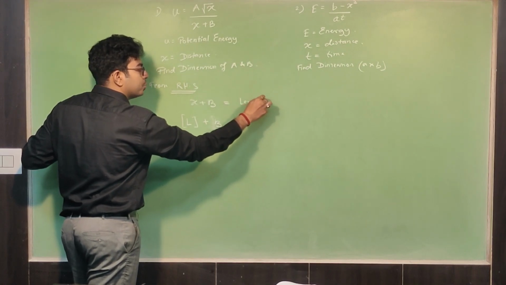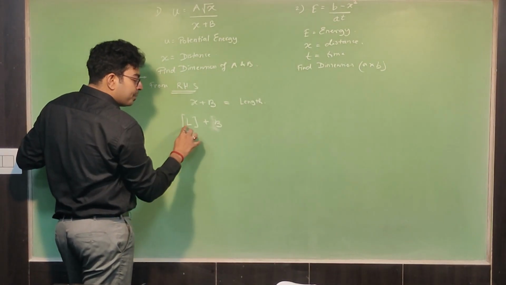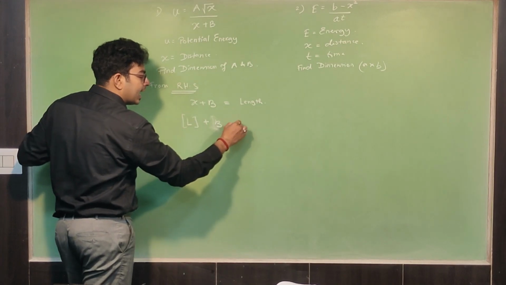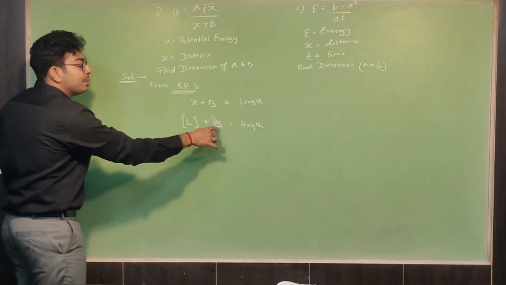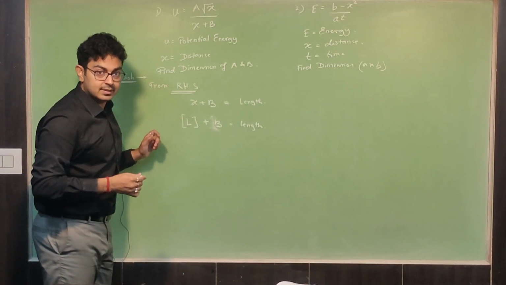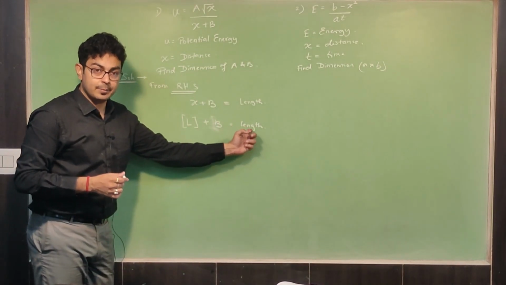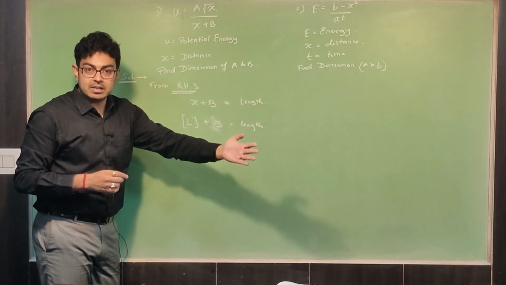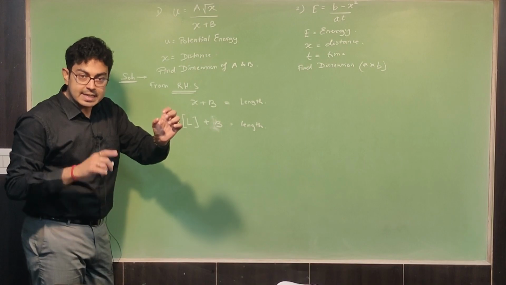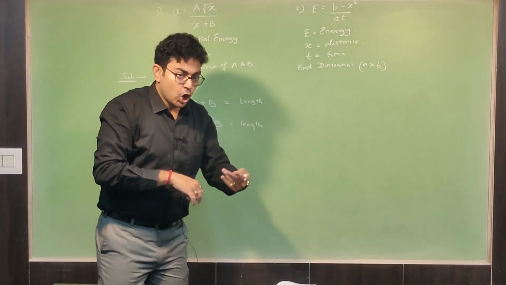This quantity should be length only. So when these two are added, I have to get length. When is it possible? Only when b is also length. So length plus length is added. Mass plus mass, then time plus time, it can be added like this, right? Similar quantities can be added or subtracted.